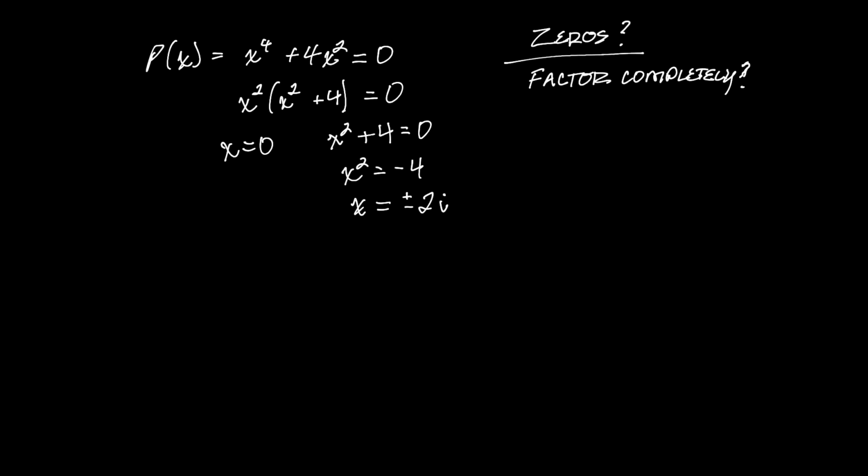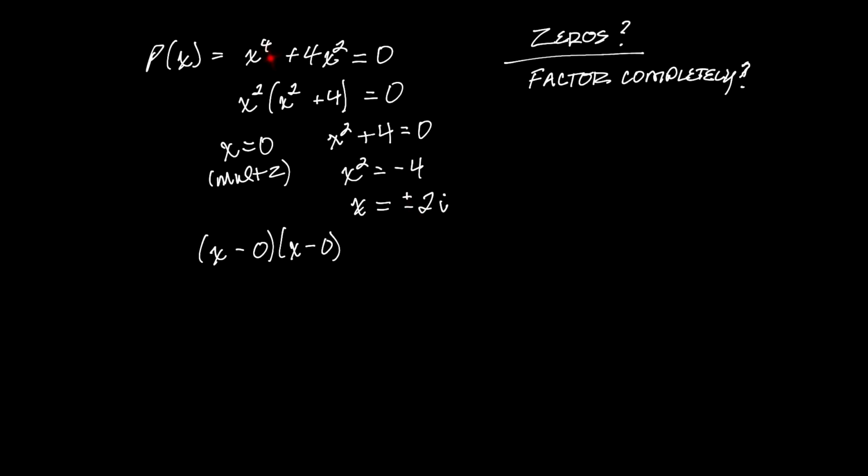The next thing we need to find are all the factors, factor completely. In stepping this out, I would technically be looking at x minus 0 two times because of multiplicity 2. Let me just jot that down. Multiplicity 2. So there's my 1, 2, 1, 2, 3, 4.